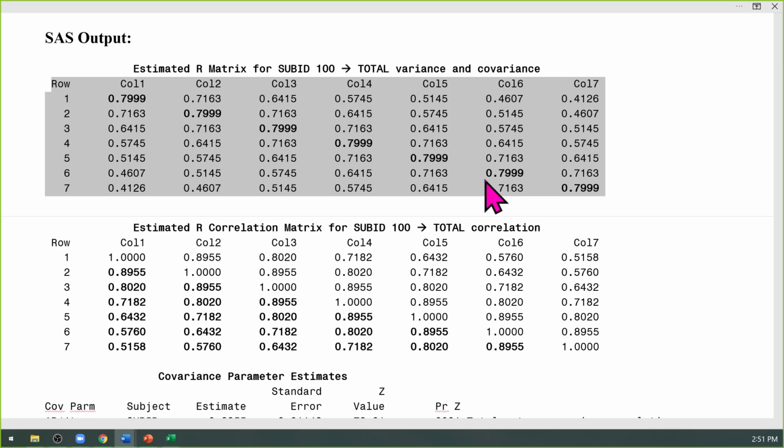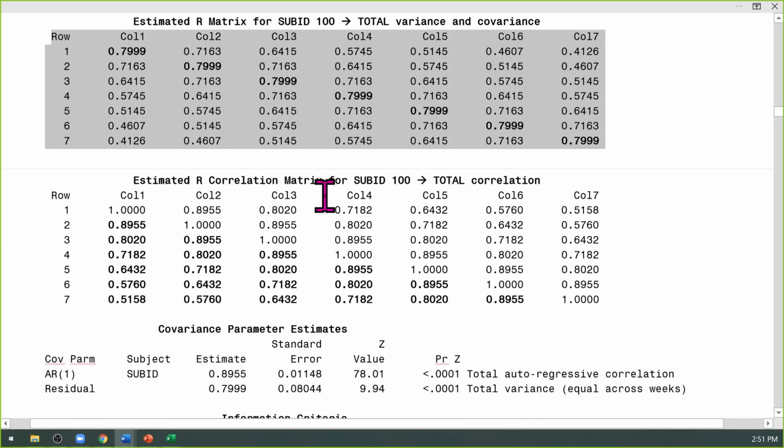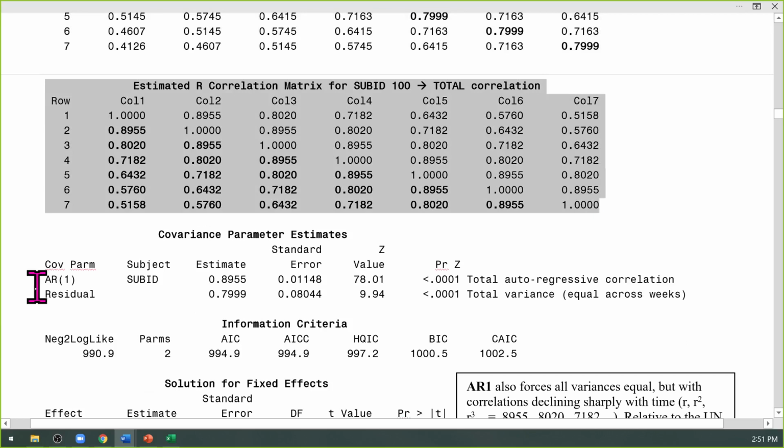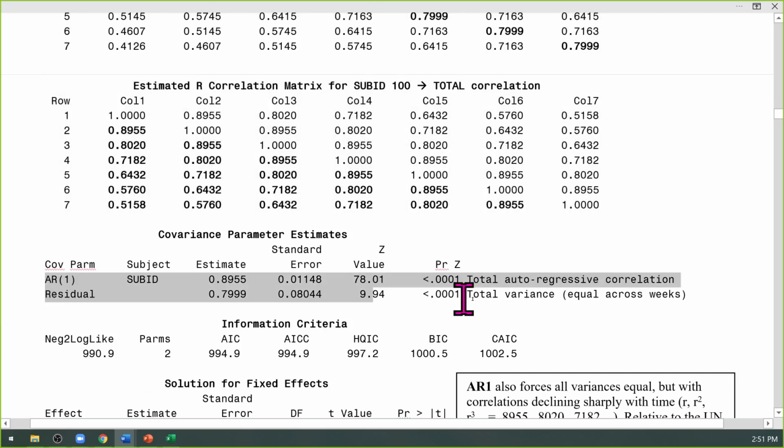It uses R for that instead. It's easier to see how this works if you look at the R correlation matrix. The two parameters in the model are what's labeled as residual, which is actually the total variance, and the AR1 correlation parameter.